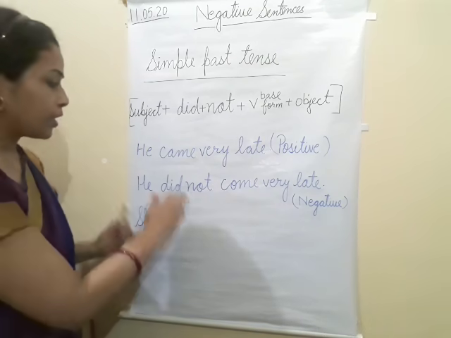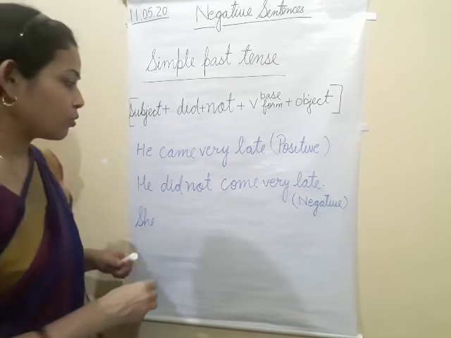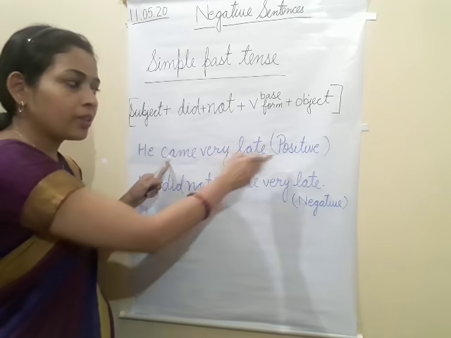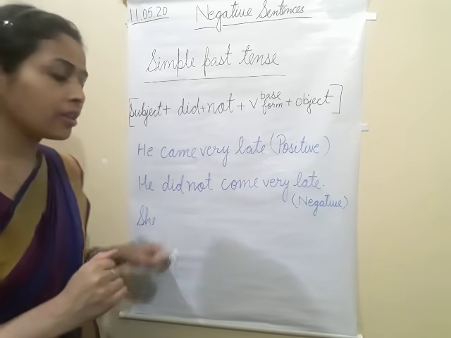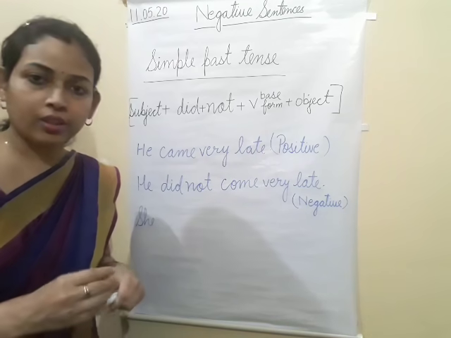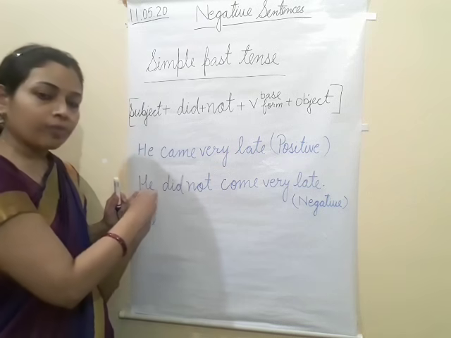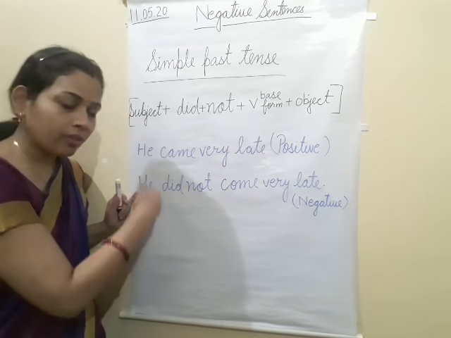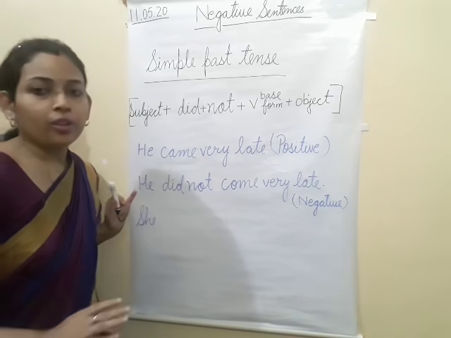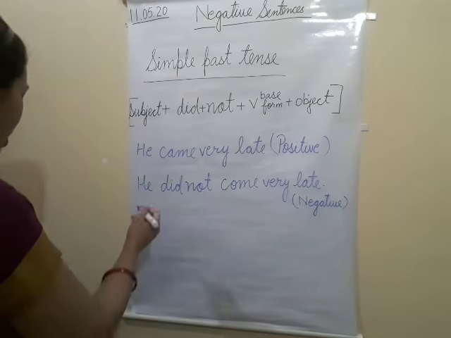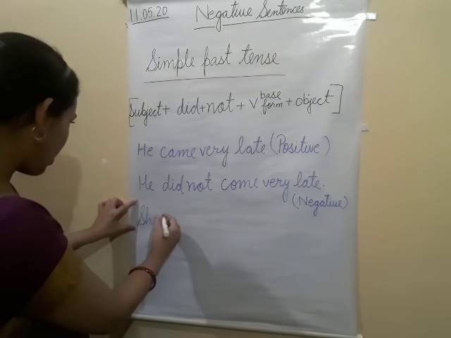But here with all the subjects we use the second form of the verb in the positive, and in the negative we use did not with all the persons. Here if I write he, she, it, they, Ravi, Rahul and Ravi, whatever the subject is, we use only did not. Clear? So another I am writing here, she wrote a letter.